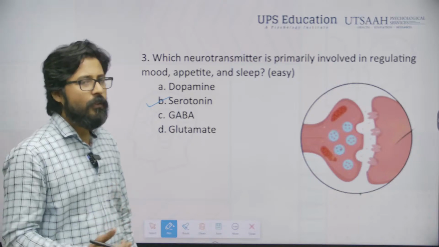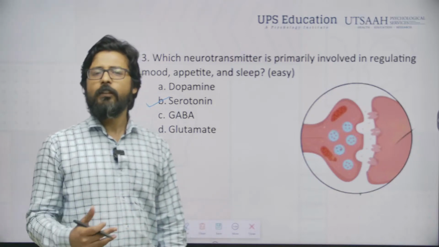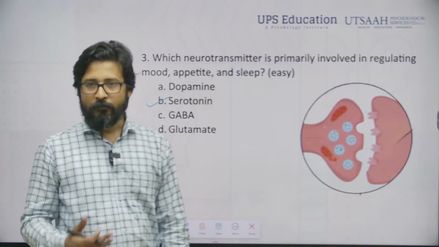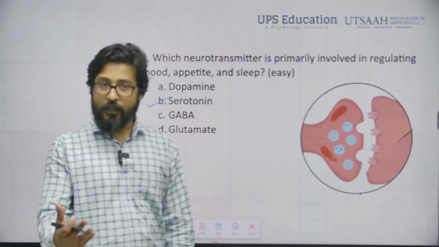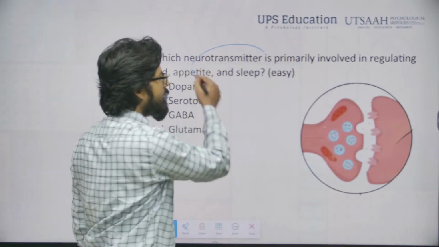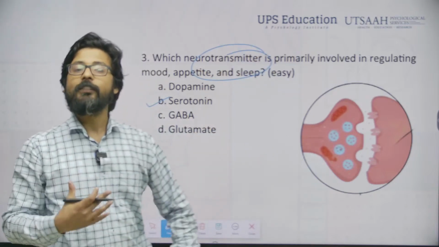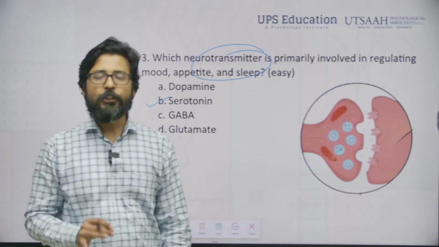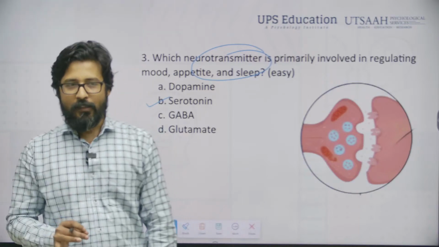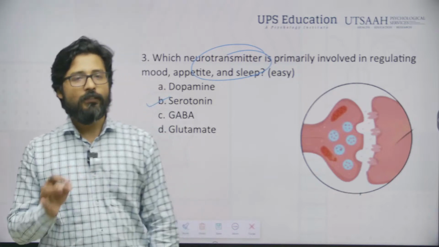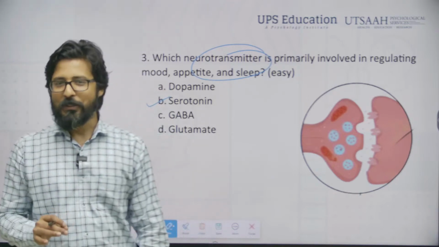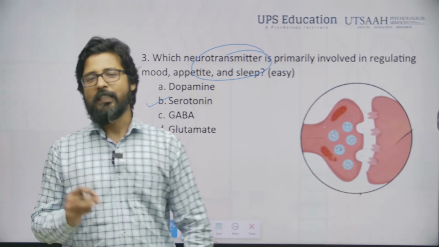Now, if you are confused about why dopamine is not the correct answer, since dopamine is also connected to mood and many of the functions listed here: dopamine is primarily involved in motivation, reward and pleasure. It is also responsible for motor control, but it is not the primary neurotransmitter for mood, appetite and sleep regulation.